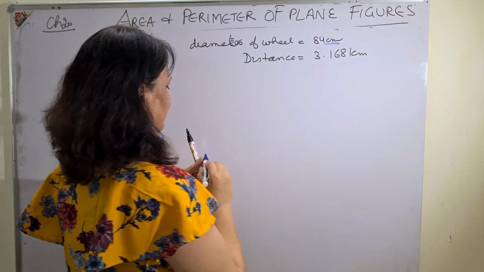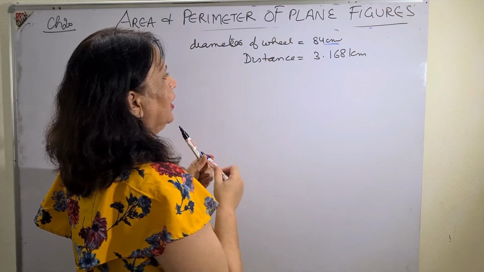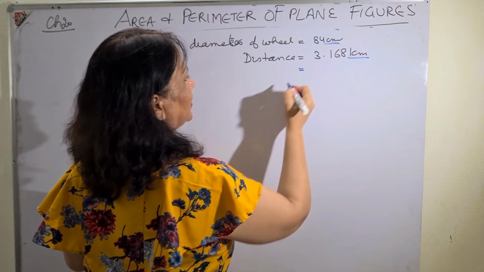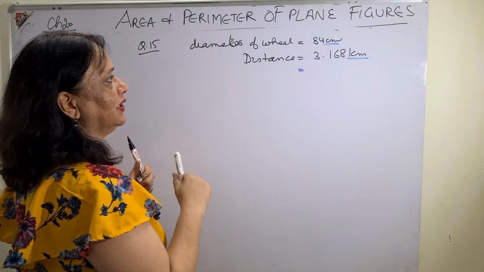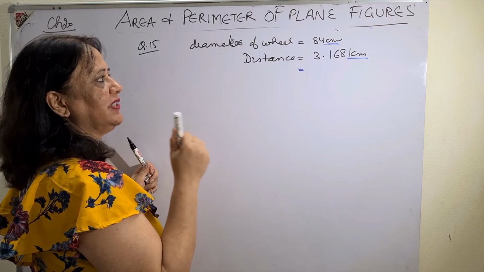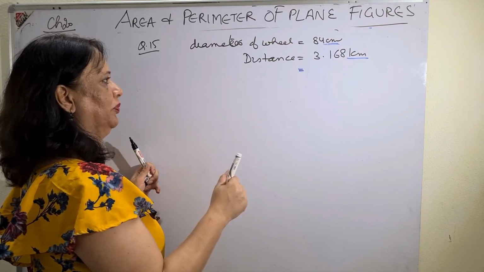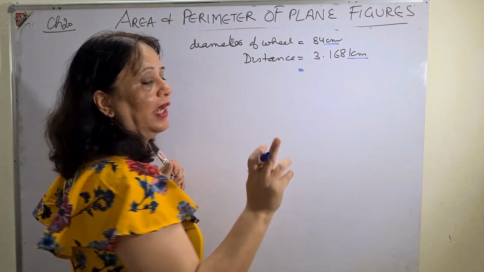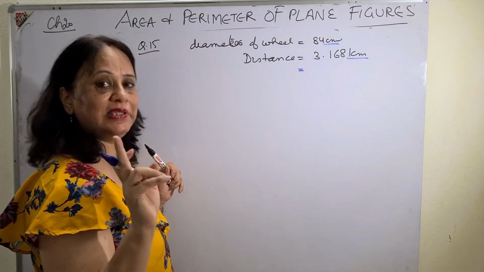Diameter is given in centimeters, whereas distance is given in kilometers. So first thing is that I will change the units. Either I will change centimeter or I will change kilometers. But in this question I will change kilometers because that will make my calculations easier.